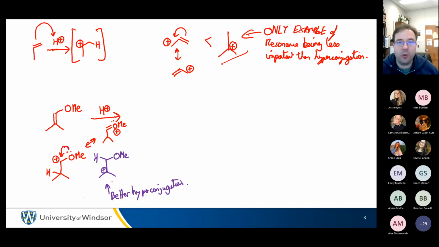So I can say the truth now that I've shown you this one counterexample and the only counterexample that exists, and it's because there's no other way to get two primary carbocations in resonance with each other than the allyl cation. It's kind of like the worst possible resonance, the most pathetic resonance. So in every other case, resonance dominates.